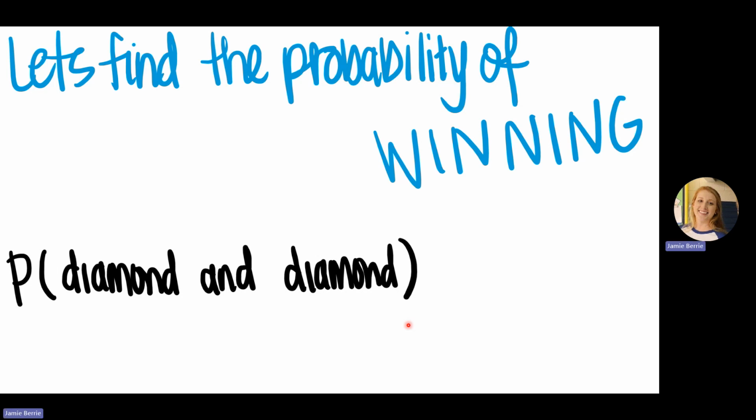When we're drawing cards or making choices without replacement, the total is going to change. We're going to use our multiplication rule for the and rule, but we have to change the total since we're doing this without replacement.